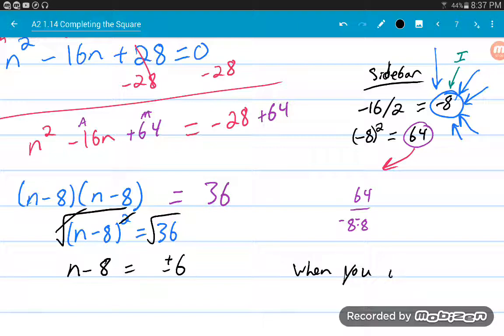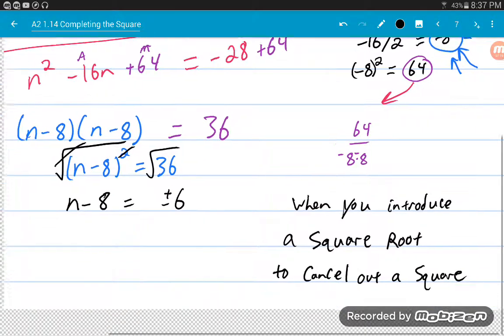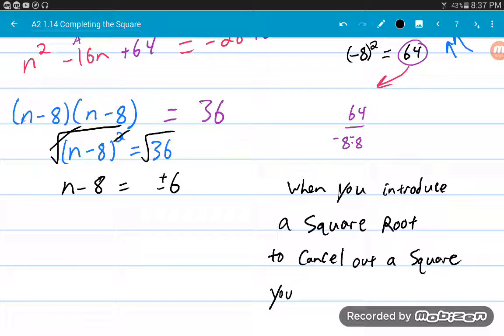When you introduce a square root to cancel out a square, you must add a plus or minus.